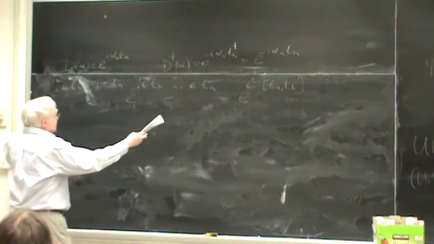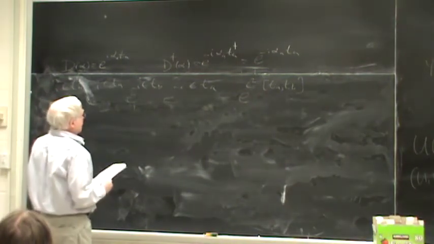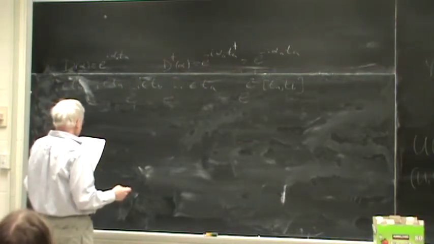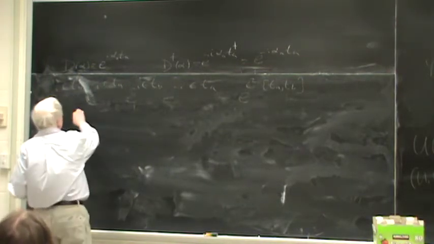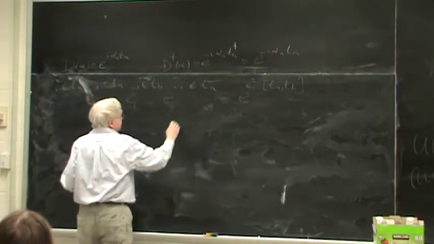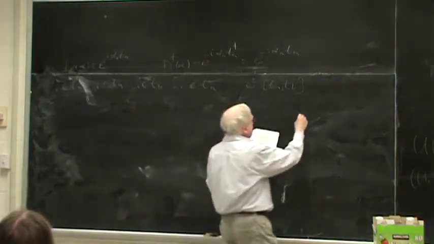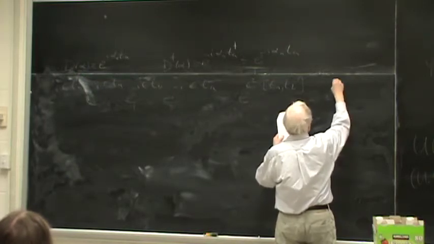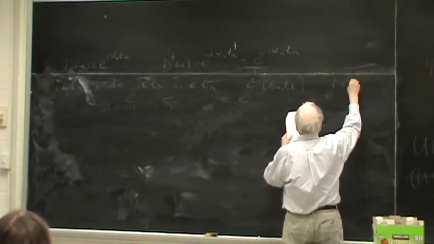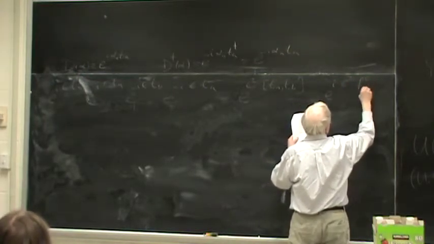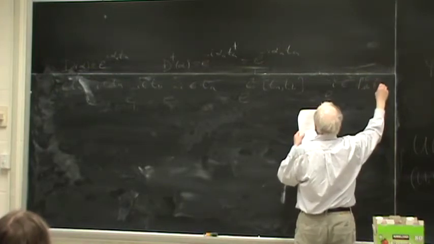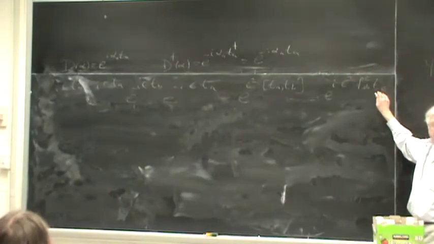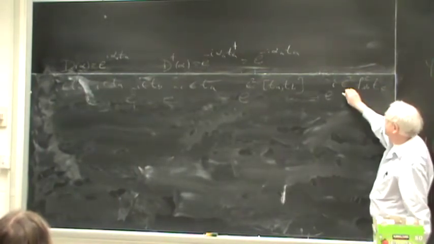So that's just arithmetic. On the other hand, it's also true that if you just multiply these out, this has got to be something of the form e to the i epsilon squared, some linear combination of the generators with an epsilon squared.